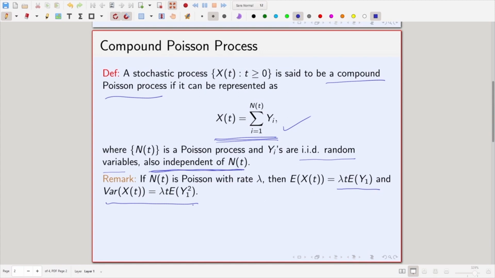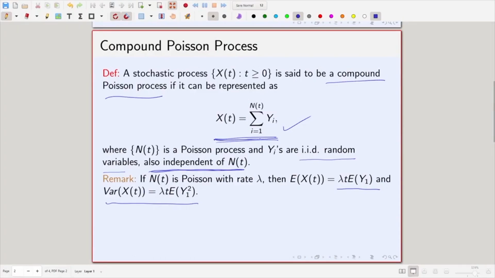We will not prove these formulas here, but I strongly encourage you to try proving them, the expectation and the variance of X_t, by conditioning on N_t.